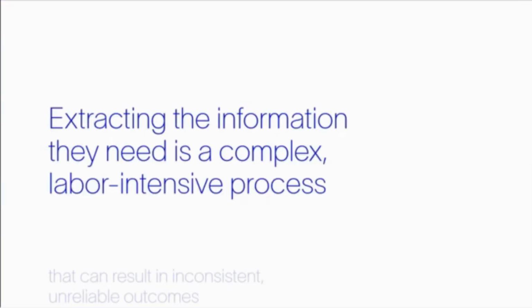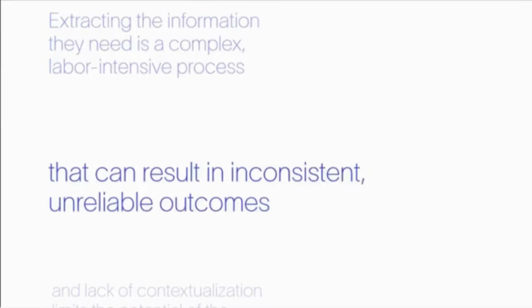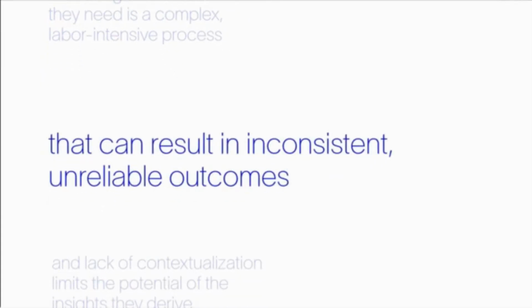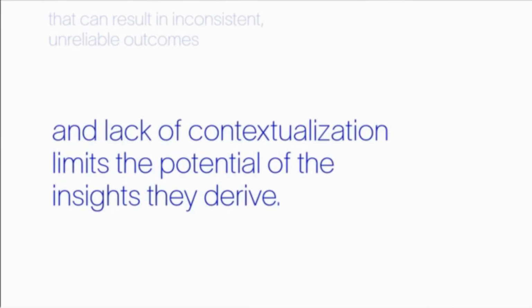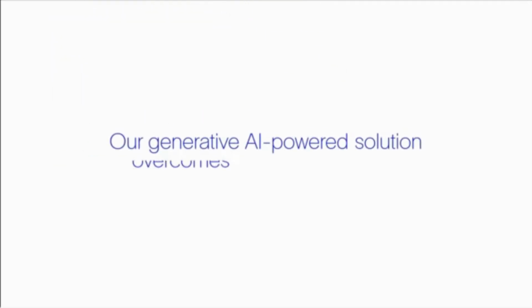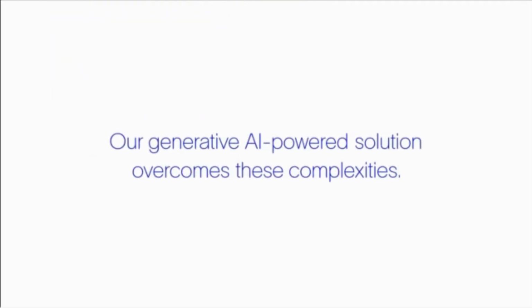But extracting the information they need is a complex, labor-intensive process that can result in inconsistent, unreliable outcomes, and a lack of contextualization limits the potential of the insights they derive. Our generative AI-powered solution overcomes these complexities.